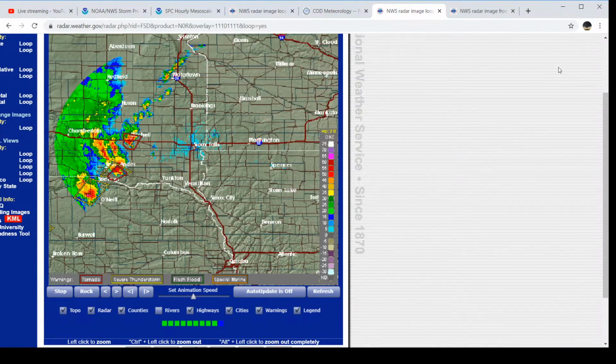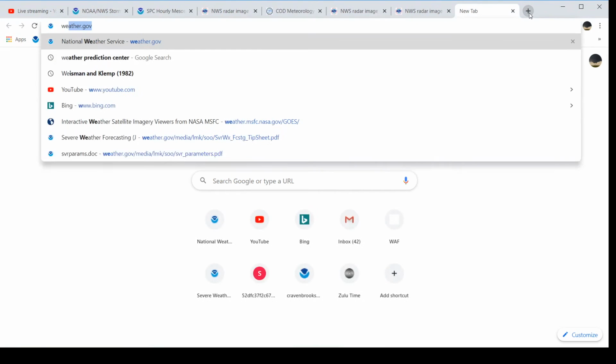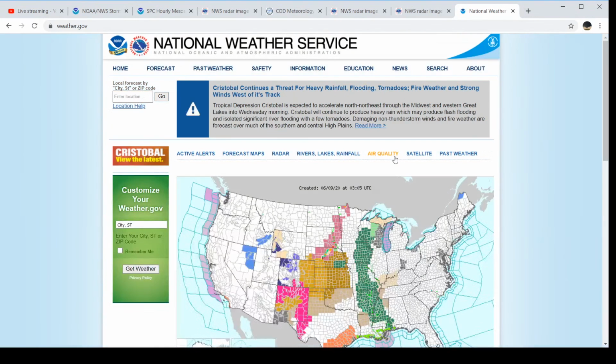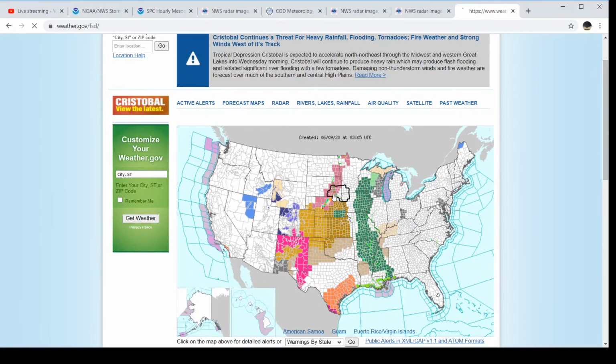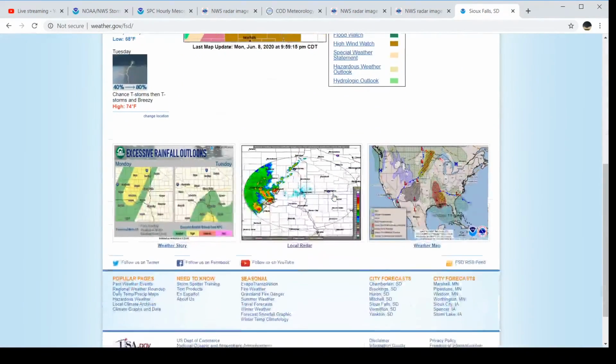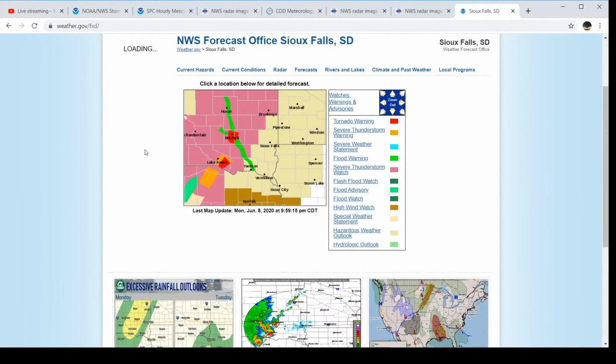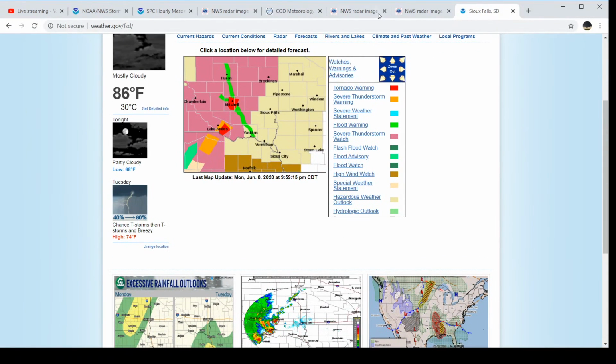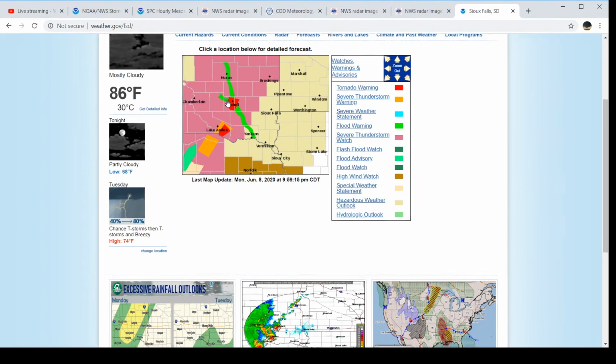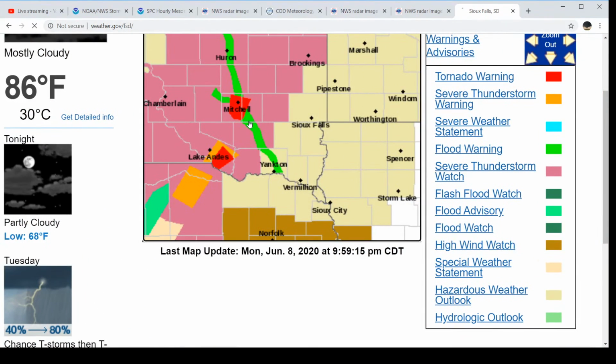It'll be interesting to see if they expand this. So if you're in the town of Mitchell, I surely hope there's not a tornado on the ground because it'll hit downtown Mitchell.